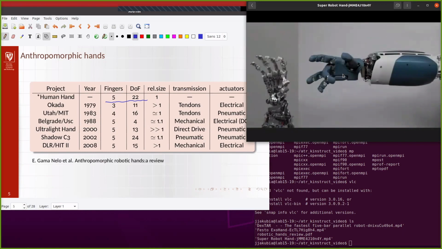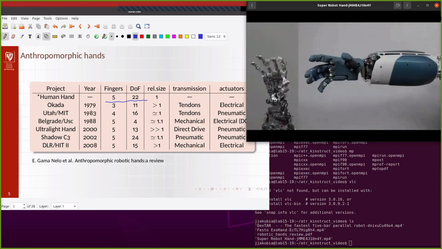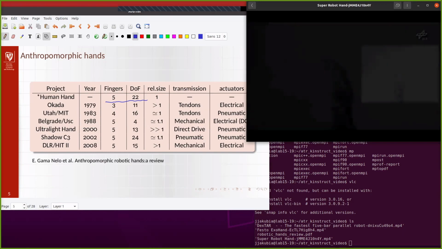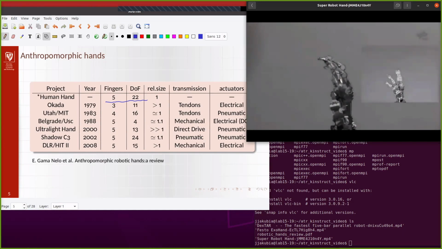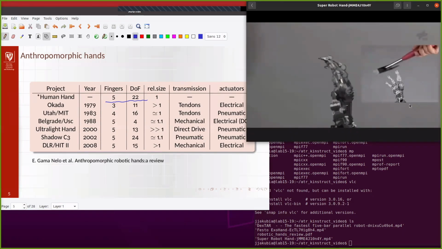Using the tendons has certain properties. Firstly, you can transmit the force over a longer distance.